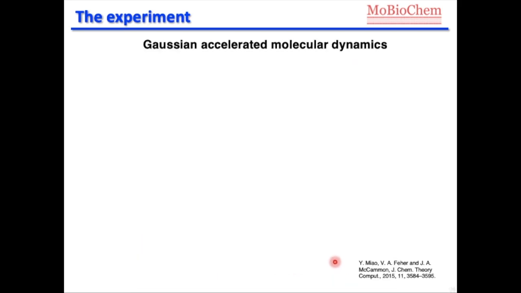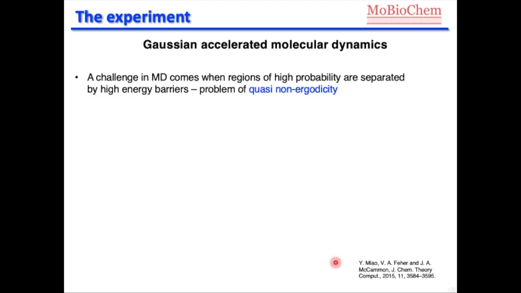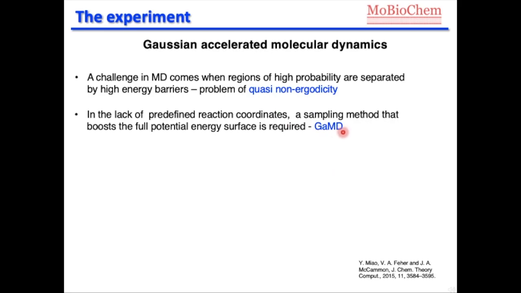A great challenge in molecular dynamics comes when regions of high probability in the phase space are separated by large energy barriers, where it is very unlikely that all important configurations are sampled unless infinite simulation time is used. This is known as the problem of quasi-non-ergodicity. Now, in the lack of predefined reaction coordinates and when all important regions of the phase space are not known, a good method which can be used is Gaussian-Accelerated Molecular Dynamics.